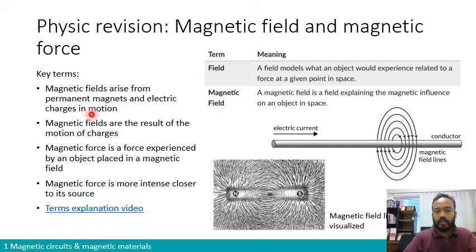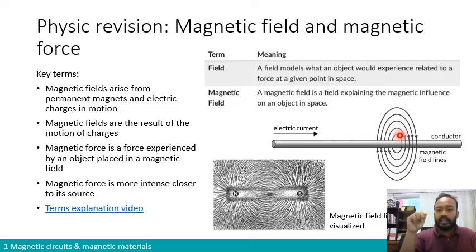Let me explain. Magnetic fields are basically the result of motion of charges. Imagine, let's look at these conductors. If there is electrical current, therefore charges circulating in here, around it there is a certain area, what we call field, where if you place anything that interacts with that magnetic field, you can feel the force.